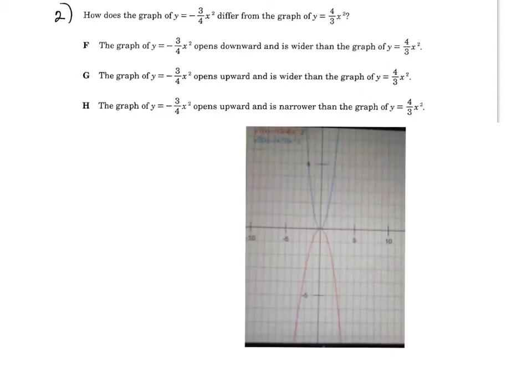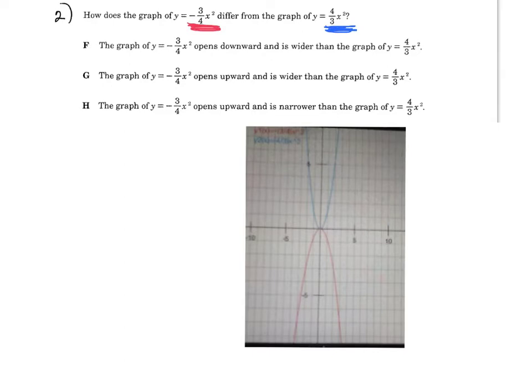Okay, so here are the two functions graphed. You can see that the negative 3/4 x squared, that one is going to be in red. And the 4/3 x squared, that one is in blue. So we can compare them real easily.